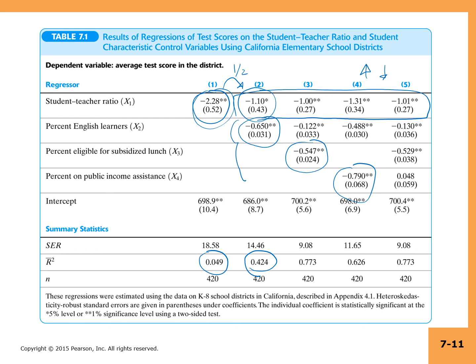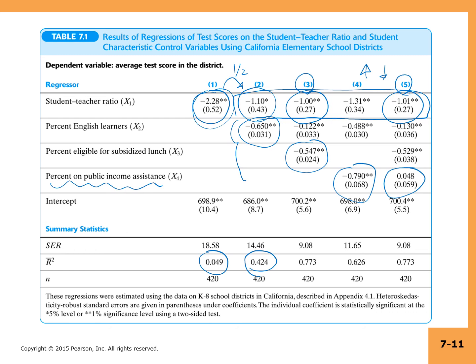And the last thing to note is that the percentage of students who are on public income assistance seems to be redundant, because once you compare Model 3 and Model 5, you can see that the student-teacher ratio coefficient doesn't really change even when you include the percentage of students who are on the public income assistance program.